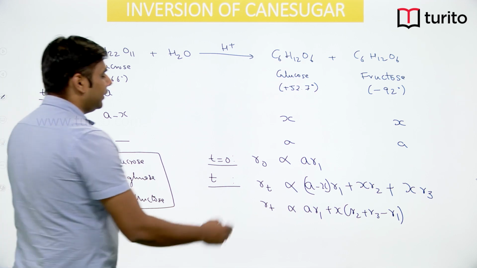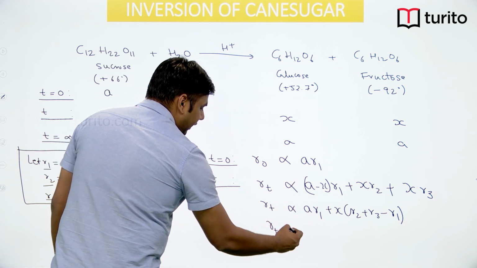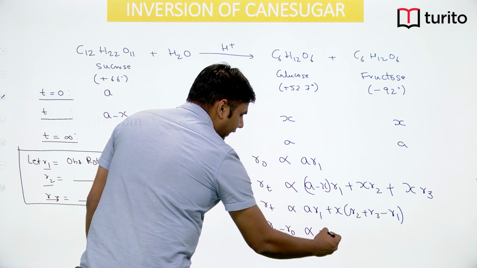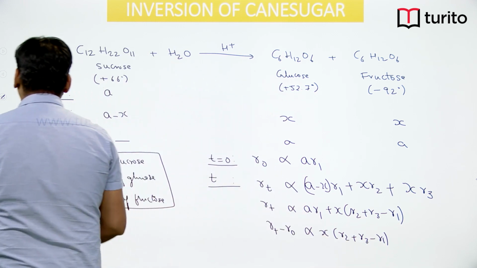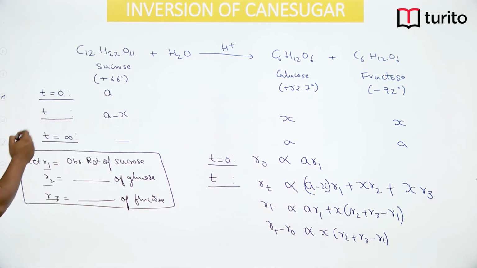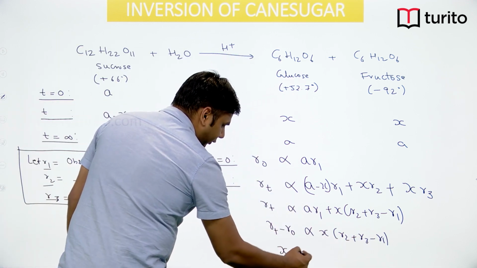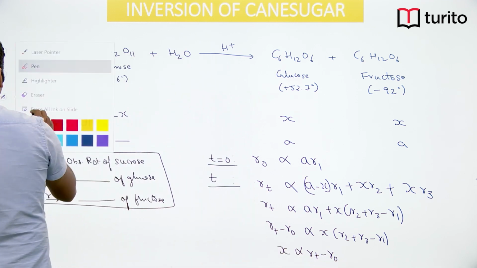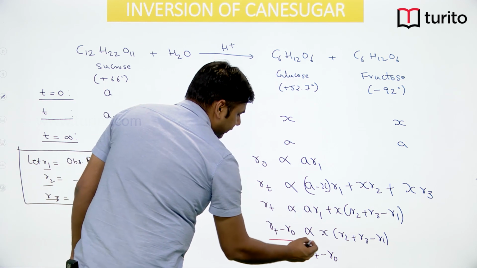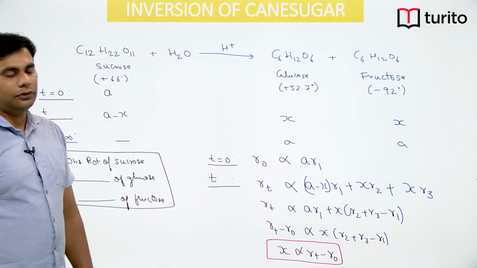Now we know that A R1 is proportional to R0, so we can keep it over here. So we will write this as RT minus R0 is proportional to X into R2 plus R3 minus R1. Now we know that the values of R2, R3 and R1 are constant, so basically everything is constant. So I will say that X is proportional to RT minus R0, where RT is the optical rotation at time t and R0 is the optical rotation at time t is equal to 0.